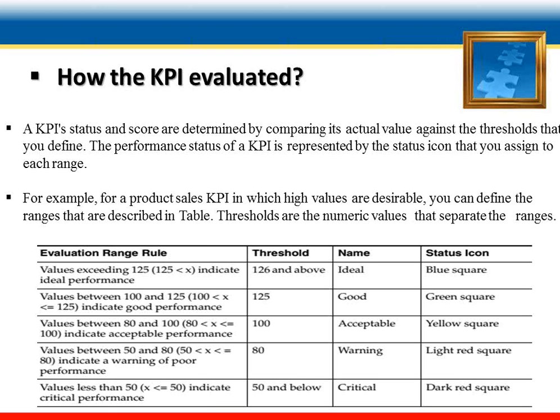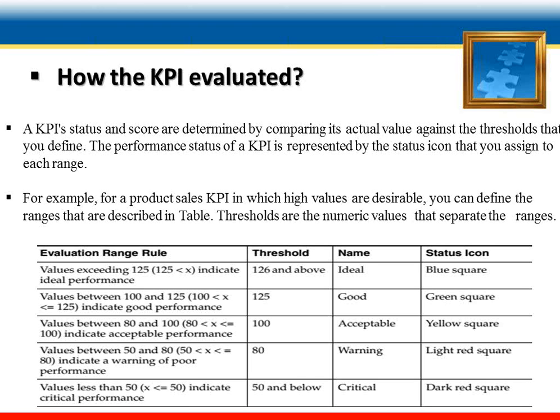Thresholds are the numeric values that separate the ranges. I have added one screen for the KPI evaluation. The evaluation range should be mentioned here, along with the threshold value that the user has defined.